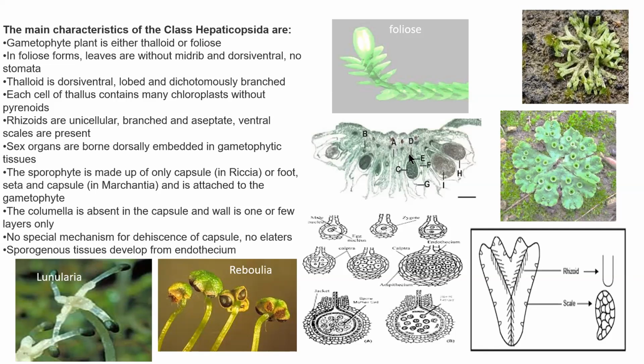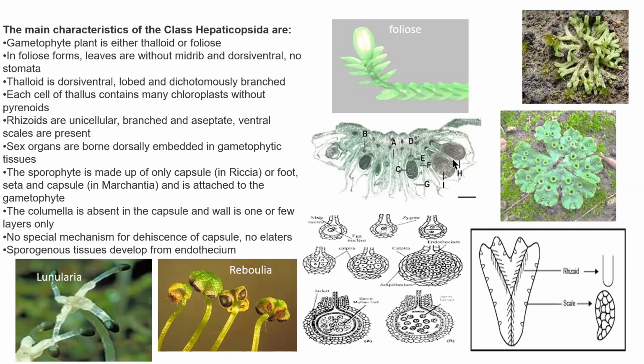In Marchantia, the sporophyte is divided into foot, seta, and capsule. You can see the foot embedded in the inner portion of the archegonium, the seta which comes out, and the capsule which bears the sporogenous tissue.